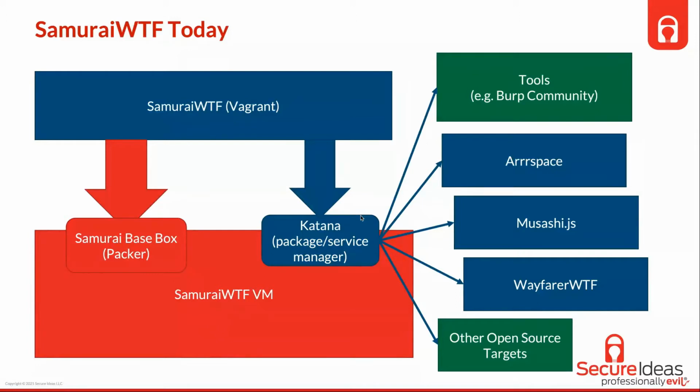So, a simple command, a vagrant up, pulls all this stuff together and creates a virtualized lab environment. It's got the installers for all these tools and targets, and most of them work mostly fairly seamlessly.